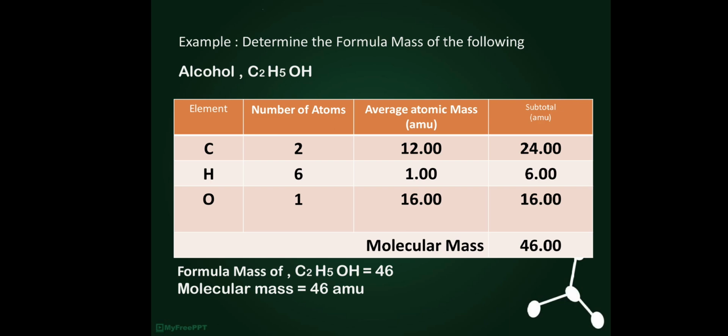So for this compound, alcohol, C2H5OH, or the alcohol itself, we have three elements again. We have carbon, hydrogen, and oxygen. For carbon, we have 2 since it has a 2 here, subunits. For hydrogen, there are hydrogens from the OH of alcohol here, this one, and this one.